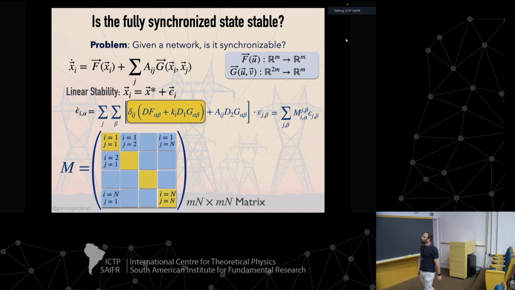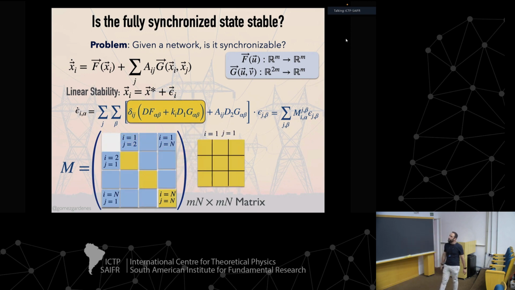Then, what we have is that each yellow one, as I said, is an m times m matrix, okay? 1 1, up to 1 m, sorry, up to m m. Okay, this is an m times n matrix, and each of these matrices is also m times m. The thing is that all the matrices in yellow have this expression, okay?